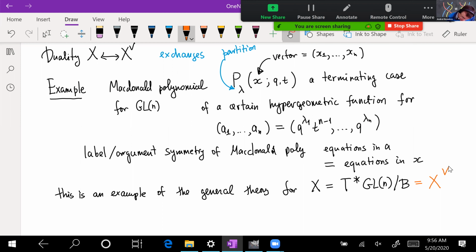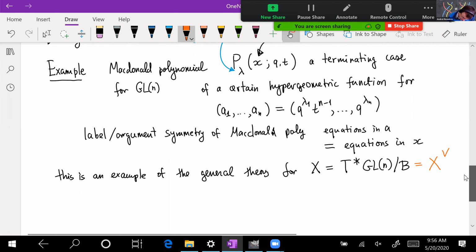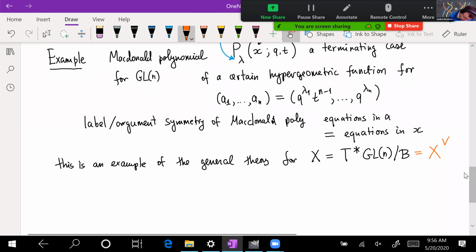So this is the kind of thing that I would like to understand, but maybe more generally. But maybe I'll explain that in this particular instance, these Q difference equations... there are many ways you can think about them. Macdonald polynomials are ubiquitous, and there are many ways you can think about difference equations for them.